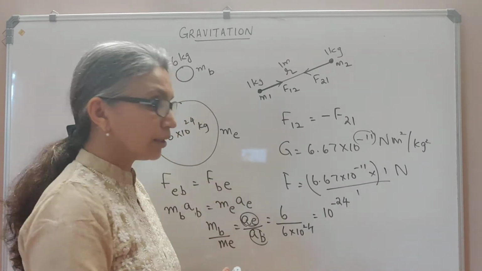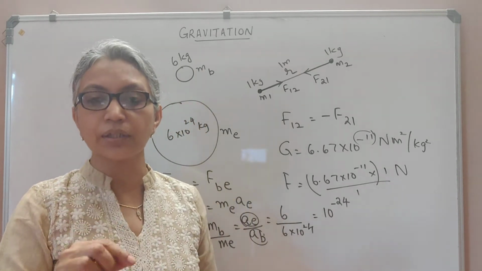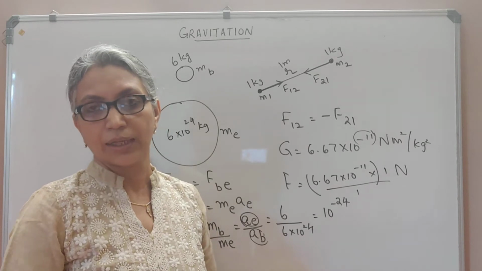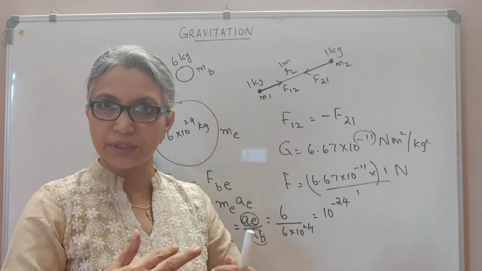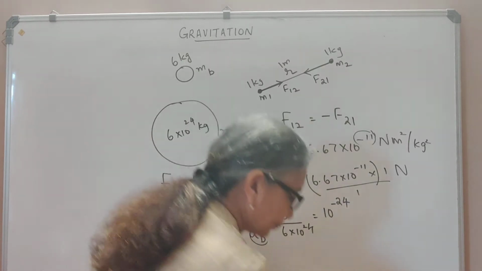So the acceleration of the ball is really large, whereas the acceleration of the earth is 10 raised to 24 times lesser, because of which you feel the ball moves towards the earth and the earth does not move, due to its negligible acceleration.